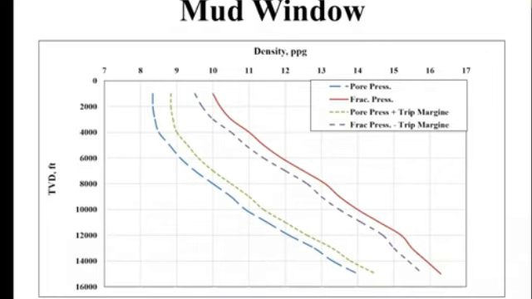Obviously, we don't want to drill right at pore pressure or right at fracture propagation pressure, because if for any reason, let's call it human error, we go below pore pressure or above fracture pressure, then kick or loss can happen. To make sure that we're always drilling in the safe region, we need to take into account trip margin, which takes into account the effect of swabbing and surging.